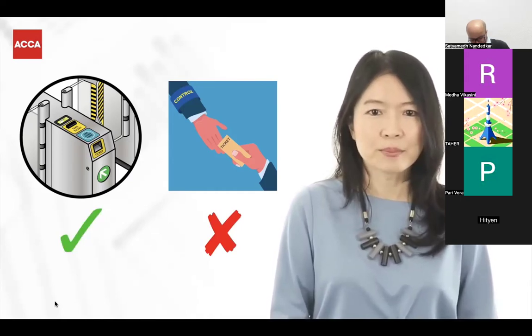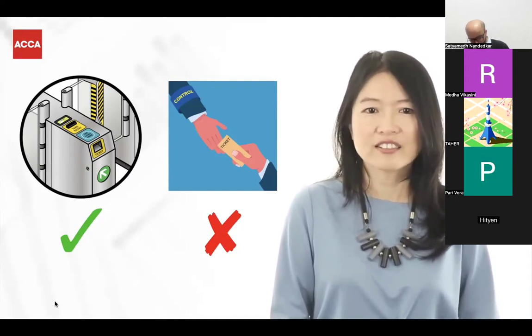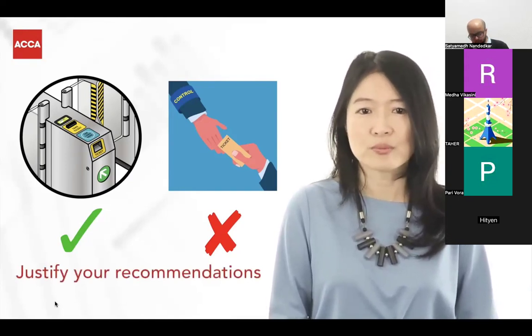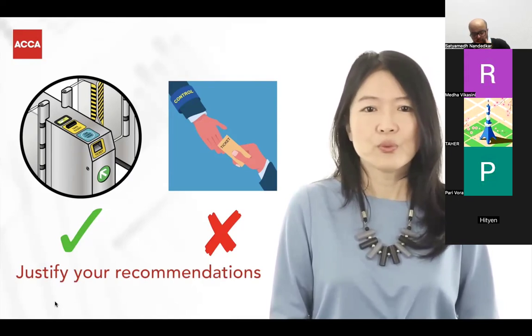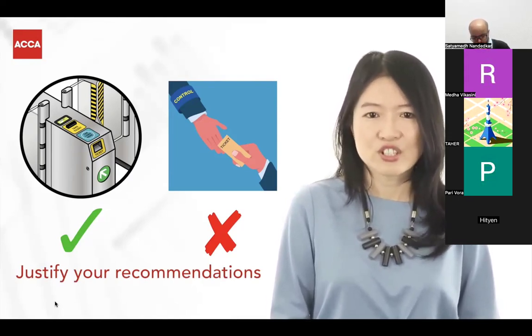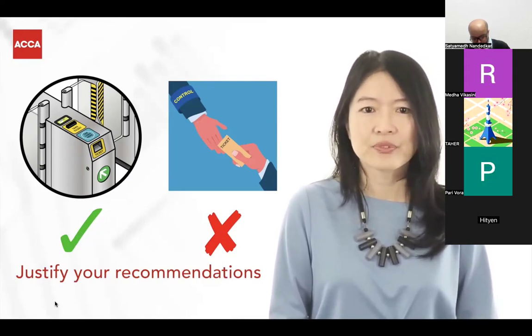Finally, for this example, in order to maximize your professional skills mark, ensure you justify your recommendations demonstrating insight where possible. So, when recommending installation of ticket barriers, you could suggest that this would be subject to a cost-benefit analysis, which would include the time saving of automated barriers compared to manual ticket checking.